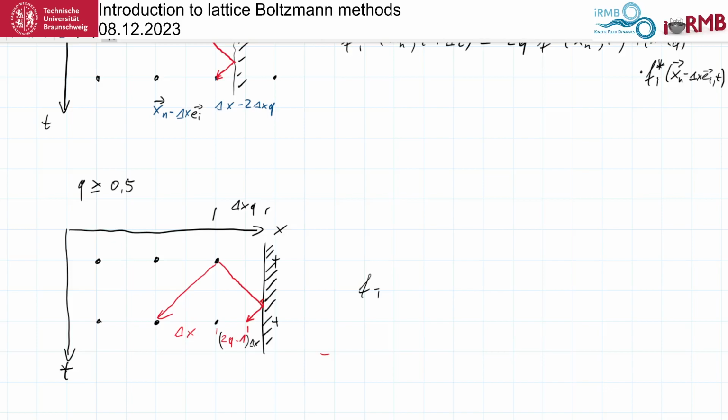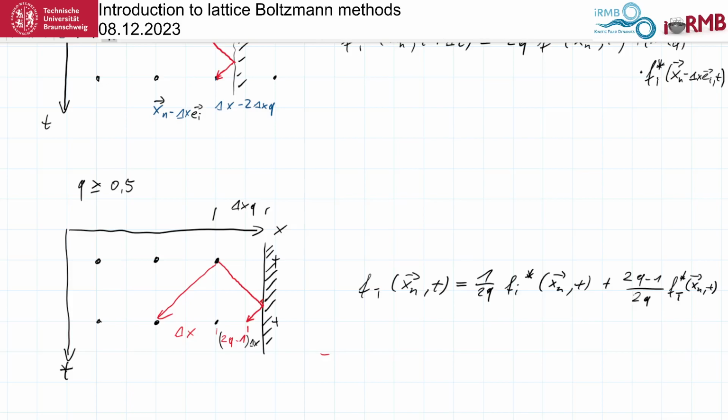So the interpolation between these looks like this: 1 over 2q f_i asterisk at x_n and t, plus 2q minus 1 divided by 2q f, now the one going in the opposite direction, at x_n and t.